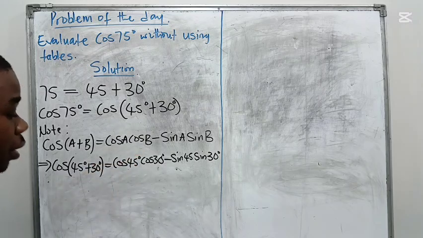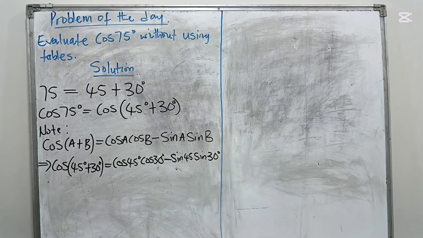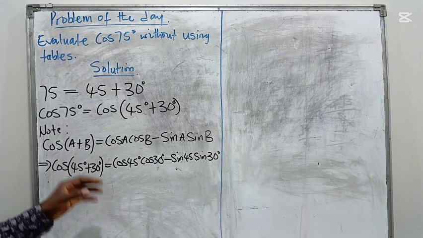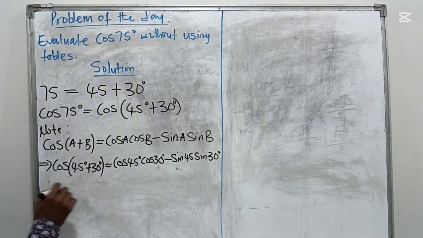One thing with mathematics is your ability to recall formulas and rules. If you are able to recall formulas and rules, it will be pretty simple for you. We know that 45 is a special angle, and 30 is also a special angle.